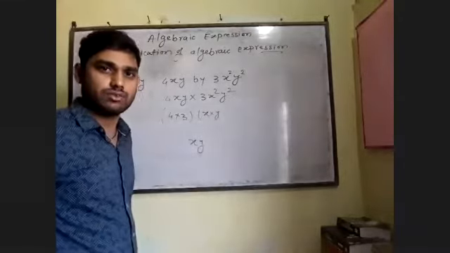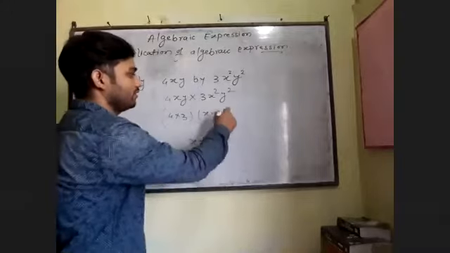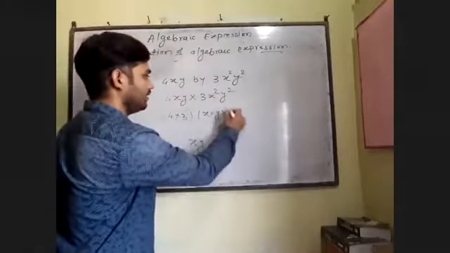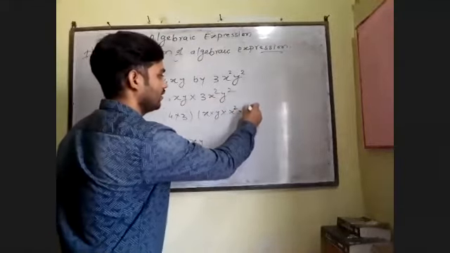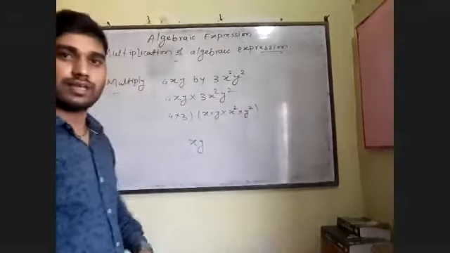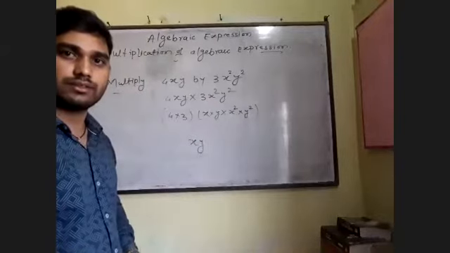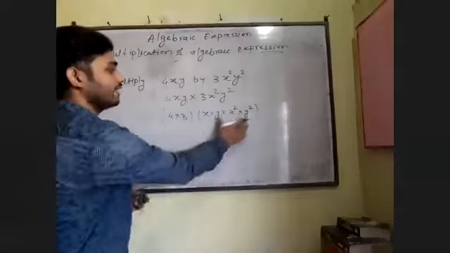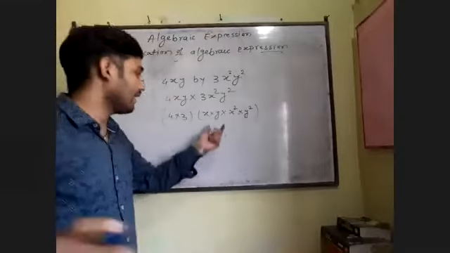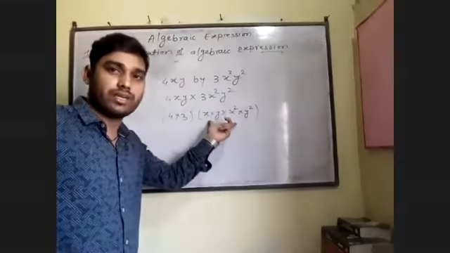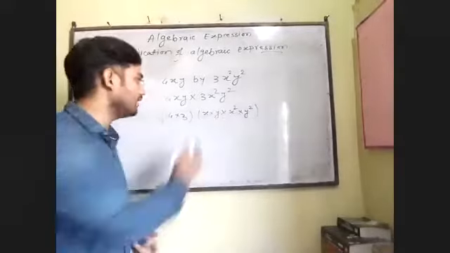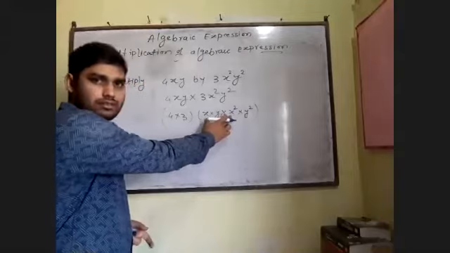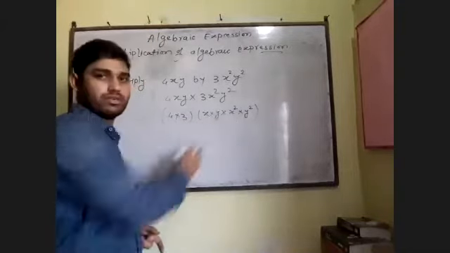But what is left here? x square multiplied by y square. Now arrange it. Arrange it means write the same variables together. Here it is x, here it is y, so we can write this x and this x together, and y together.